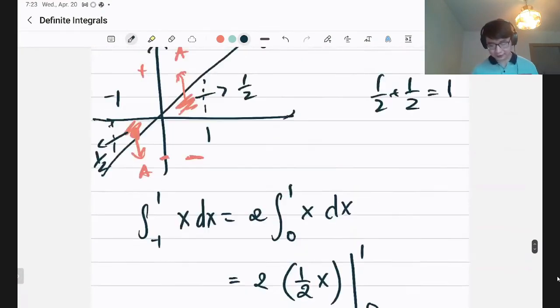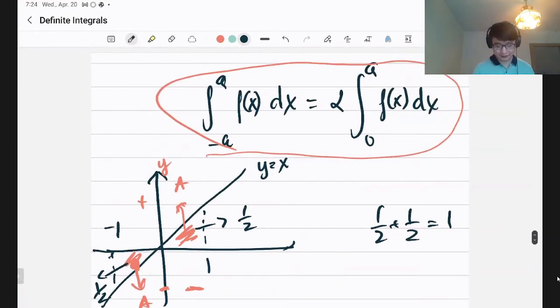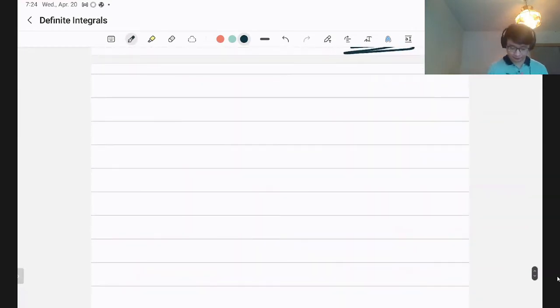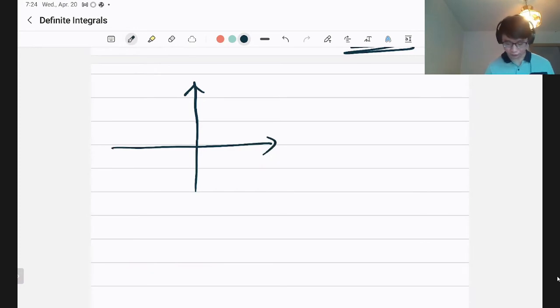Now, does this always hold true? Does this property always hold? No. The answer is definitely no. Now imagine I have some strange graph where I don't even know what the function is, but I just draw it, and let's say it looks like this.